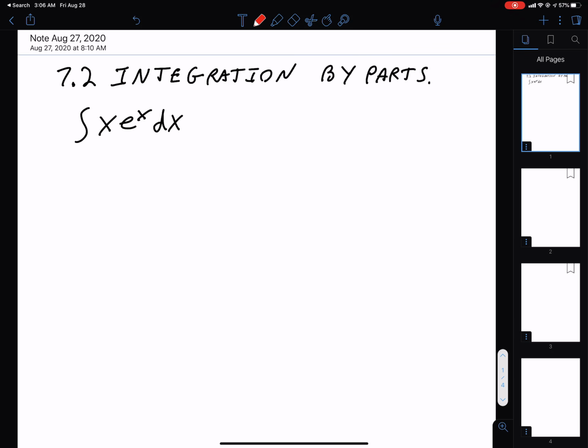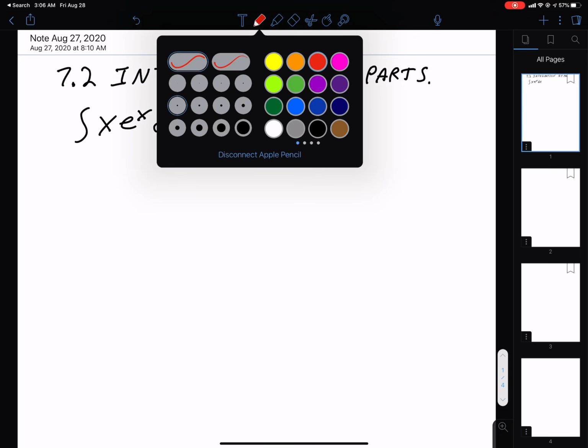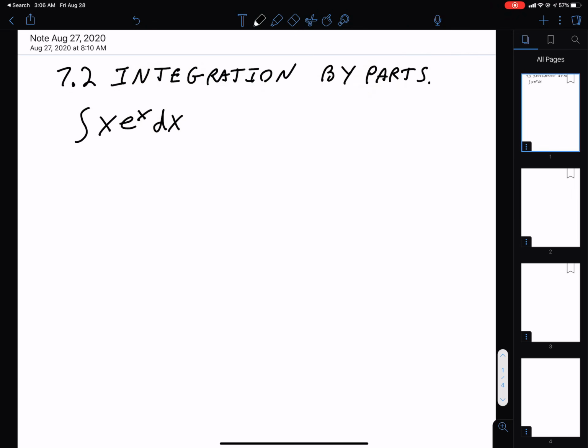So I'm going to show you how to do this. I'm going to give you a basic formula here. Let me write it down. So you have to have it in a certain form.